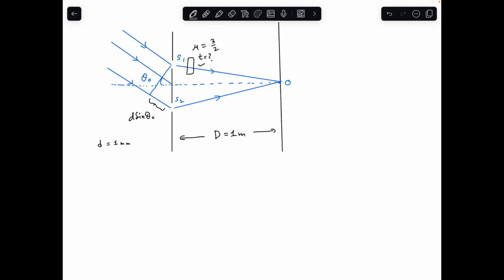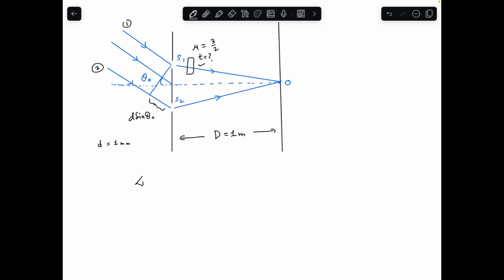So definitely I can say that the path difference between 1 and 2 in this case should be 0. Now how much extra path travelled by 2, that is d sine theta naught. So how much extra travel light ray 1 has to travel because of this glass slab, that should also be equal to d sine theta naught, correct?